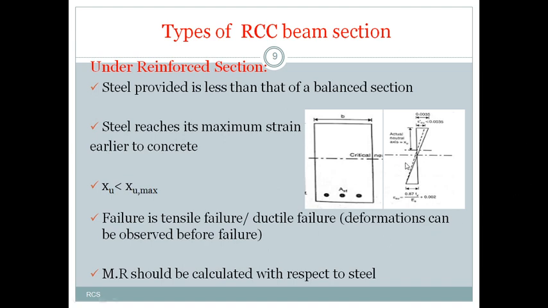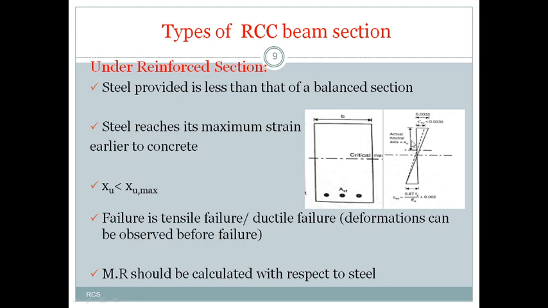If you observe here, from here to here is the maximum depth of the neutral axis, and from here to this point is the actual depth of the neutral axis. In the condition of an under reinforced section, your actual depth of neutral axis is less than the maximum depth of the neutral axis. That can be seen clearly from this figure.